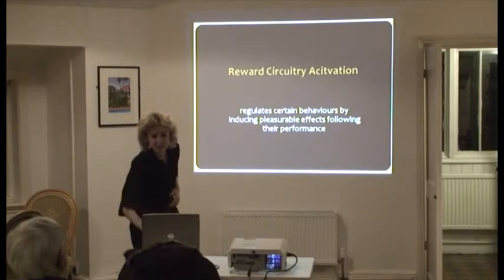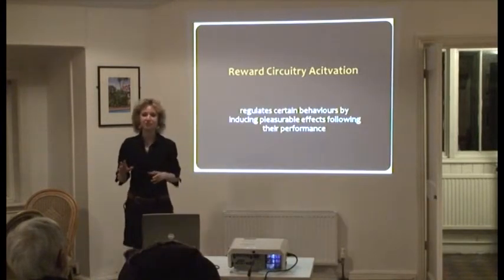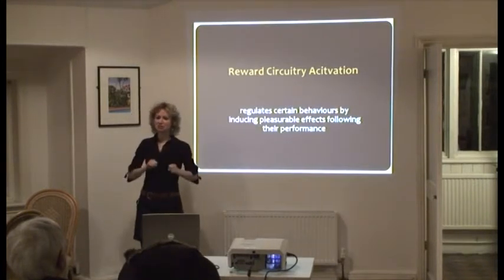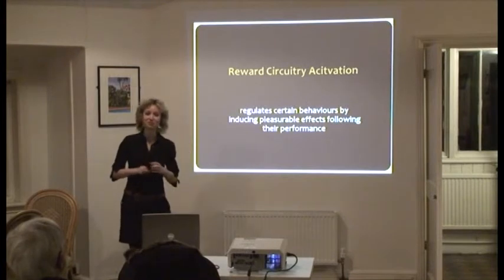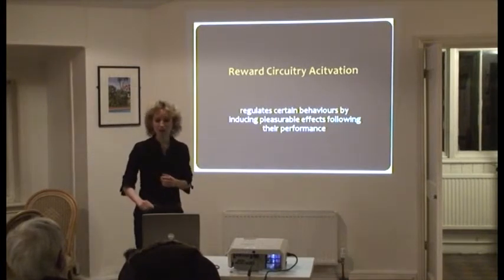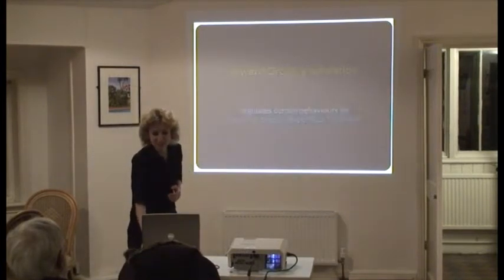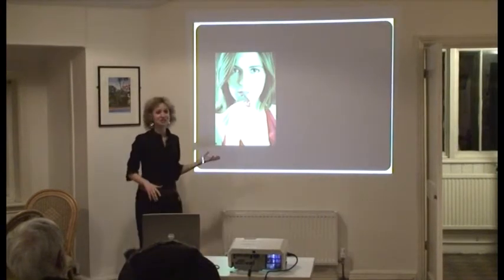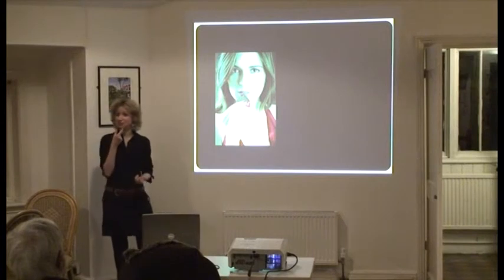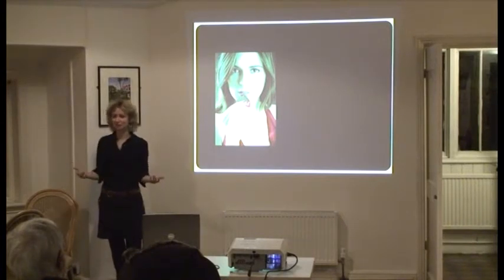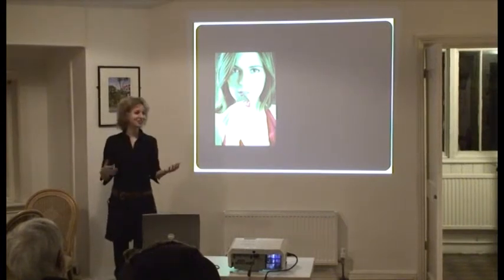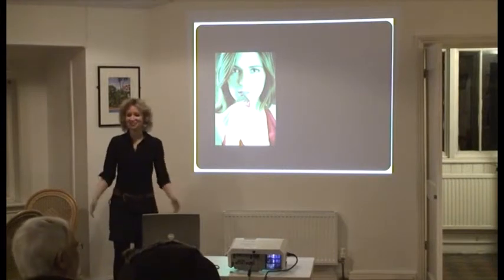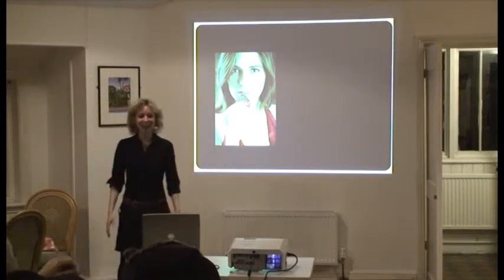And basically, reward circuitry, or just reward in general, is something that regulates certain behaviours by inducing pleasurable effects following their performance. So an example of this is when we eat. You can all imagine, you eat a piece of chocolate, and how do you feel afterwards? You sort of think, yeah, fabulous, this is great.